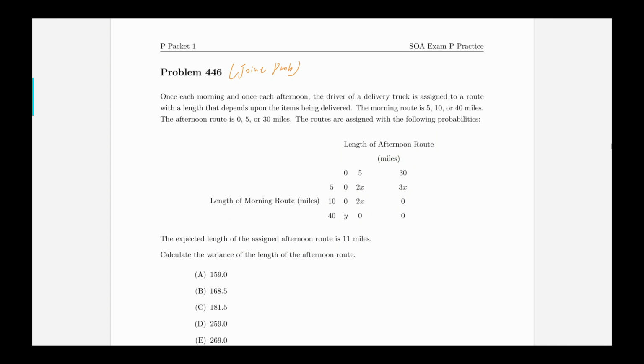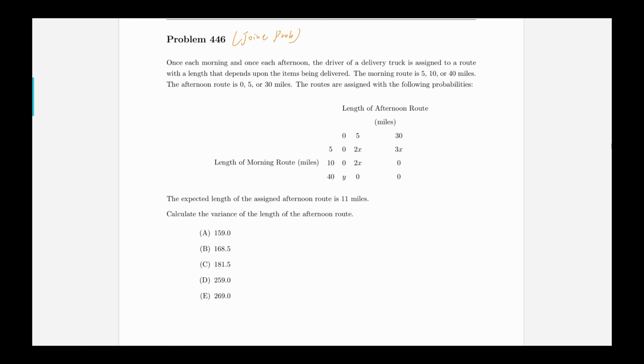Since the question gave us information about the afternoon, maybe we need to rearrange the original joint probability distribution and make it the distribution only for the afternoon so that we can find x and y. So that would be the plan. We focus on the afternoon.